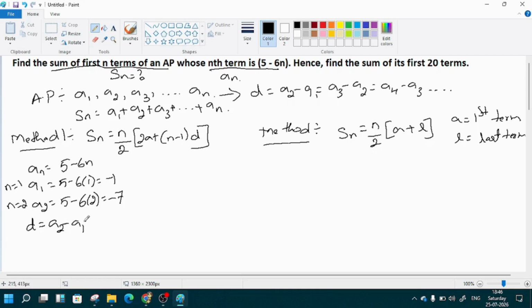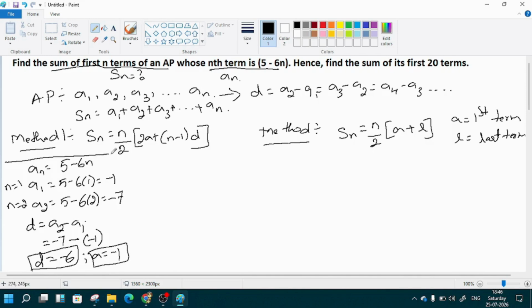That is minus 7, with the minus already in the formula and one more minus in the term of a. So I write another minus in brackets, and it becomes minus 6 for the d value. So we have d value as minus 6 and a value as minus 1. Clear?